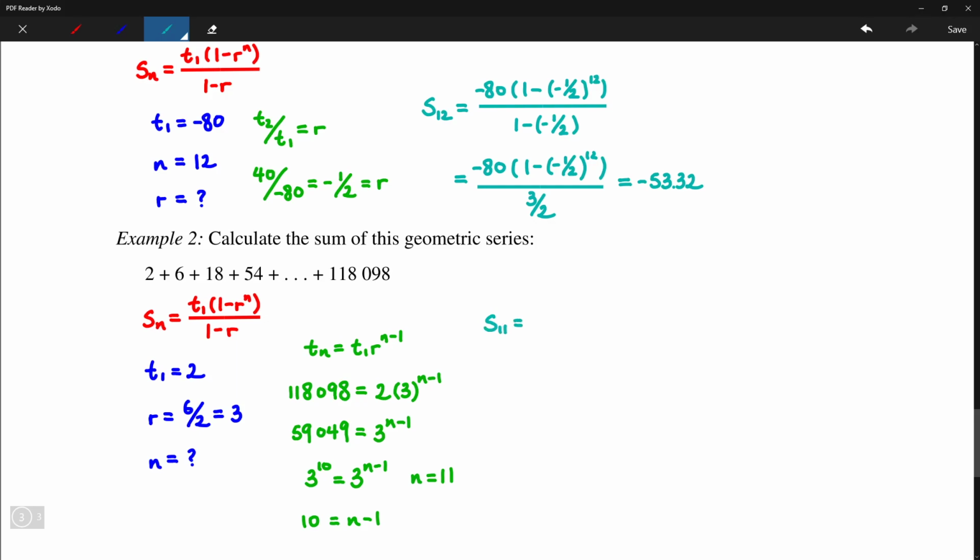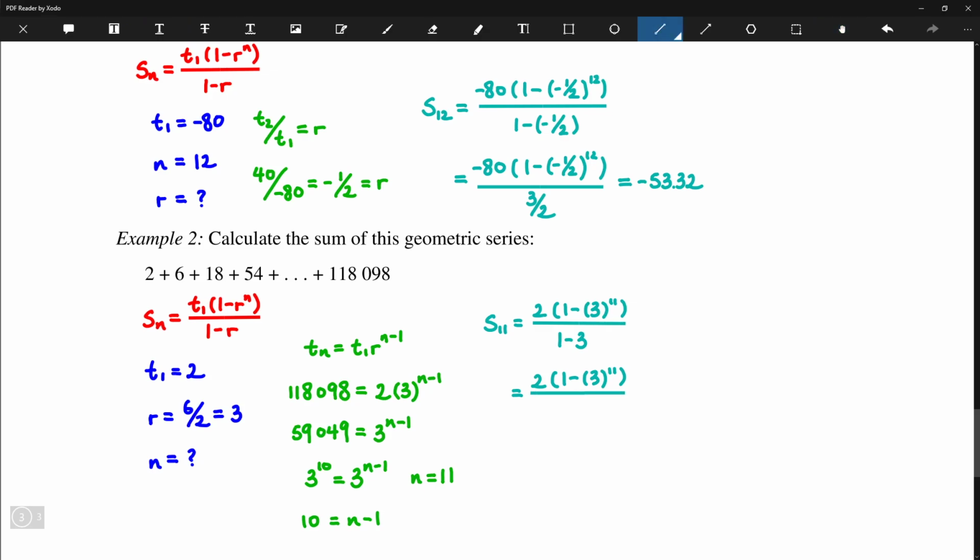S11 is equal to 2 times 1 minus 3 to the 11th power all over 1 minus 3. Now this one is a bit more interesting because we have a factor of 2 in the numerator, and then 1 minus 3 to the 11th power, which is, of course, a large number.